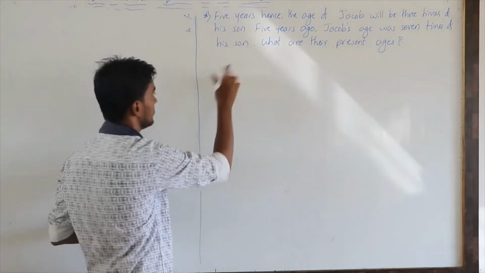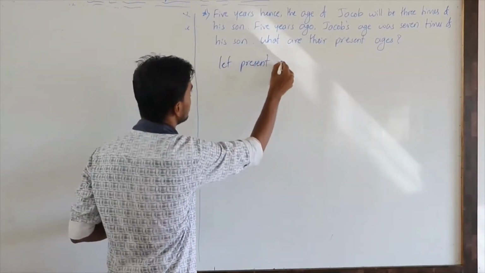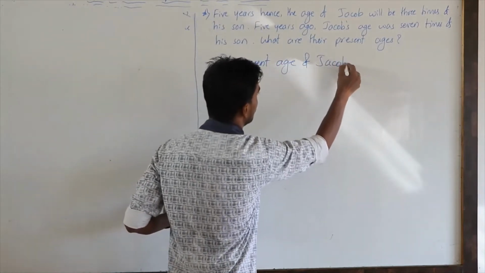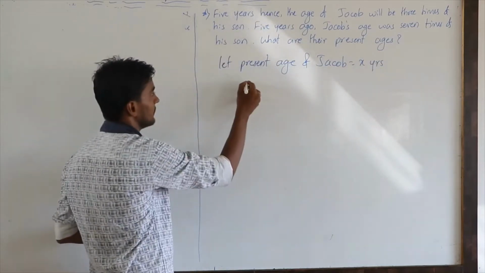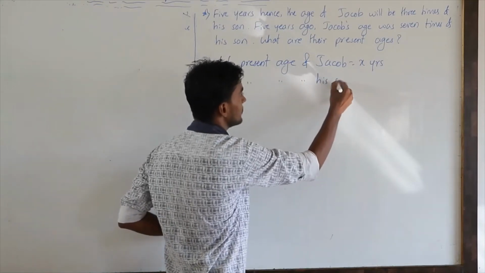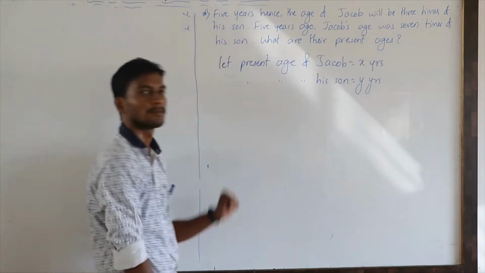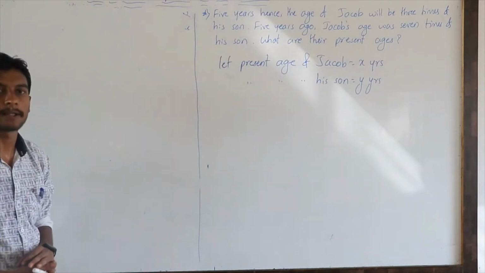So let the present age of Jacob be equal to x years. Present age of his son is equal to y years. One we have taken as x, another one we have taken as y.